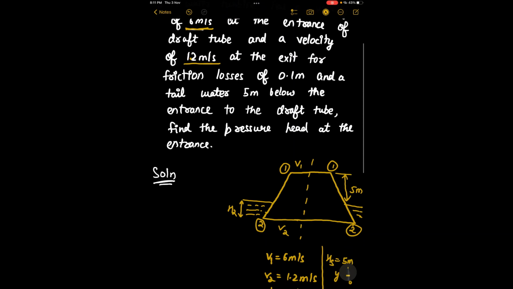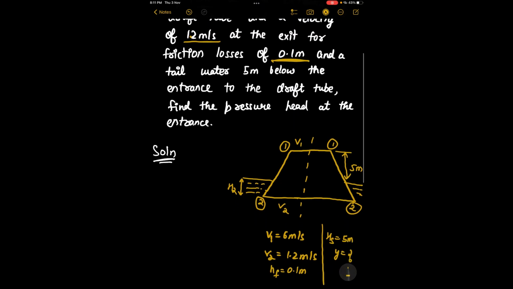You have friction losses of 0.1 meter and a tail water of 5 meter below the entrance to the draft tube. So this is the entrance of the draft tube, and the tail race is 5 meter below it. Find the pressure head at the entrance. You have to find out P1 here.